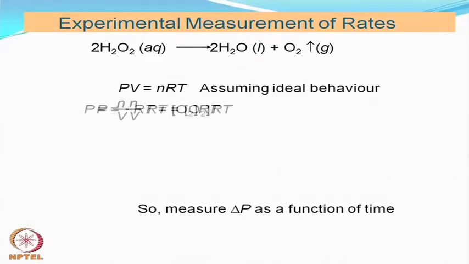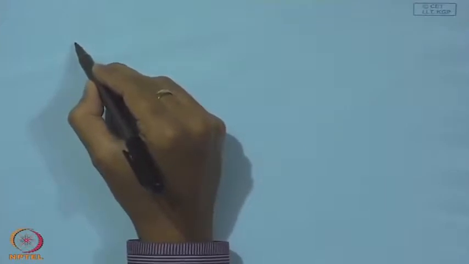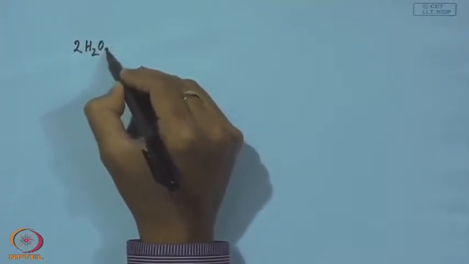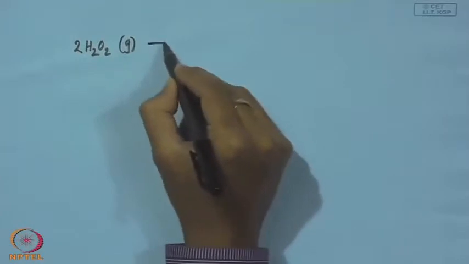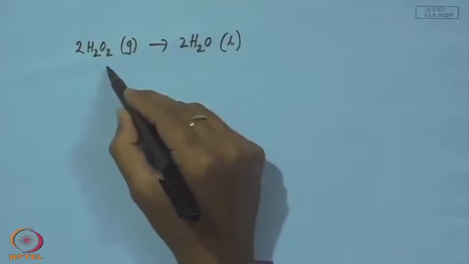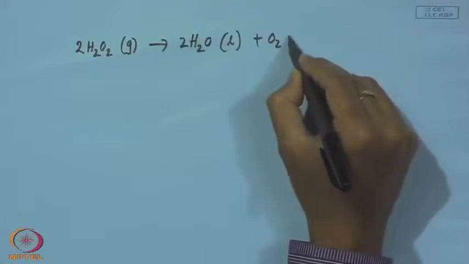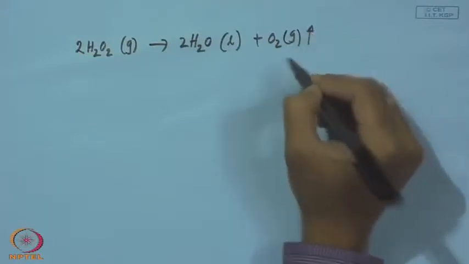Next we will move on to experimental measurement of chemical reaction rates. Okay. So, let us start with a simple example, the decomposition of H2O2 producing 2 H2O liquid, because it happens in aqueous solution, plus O2 gas is evolved.